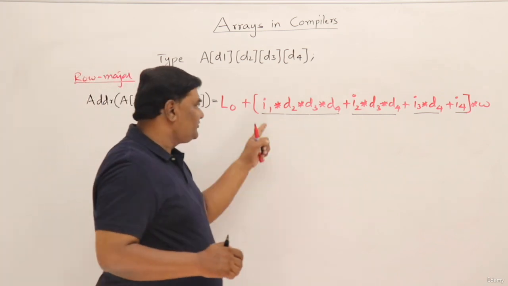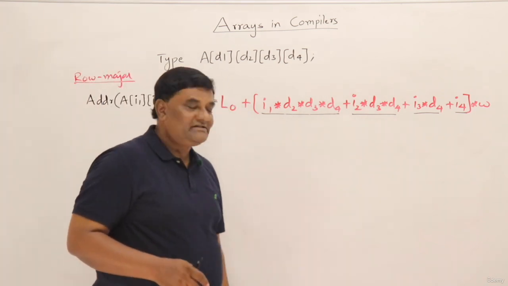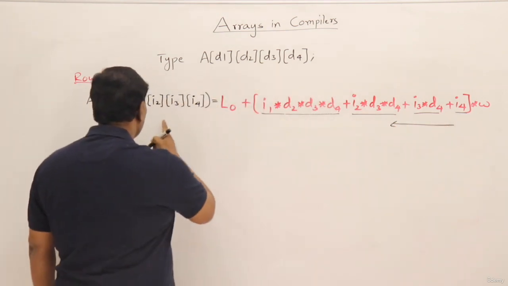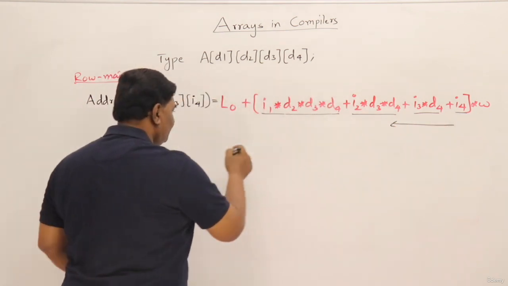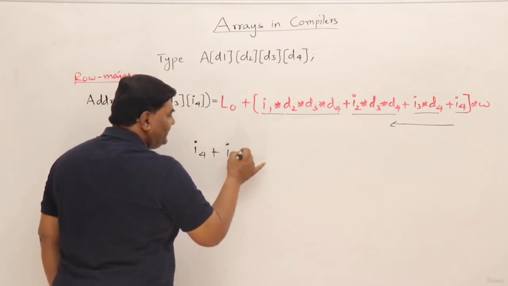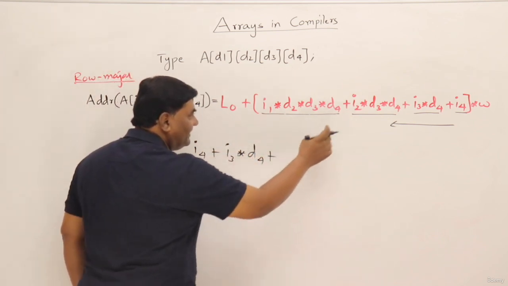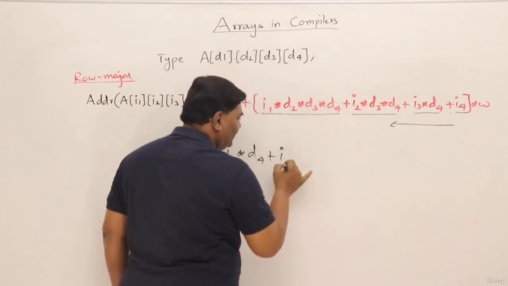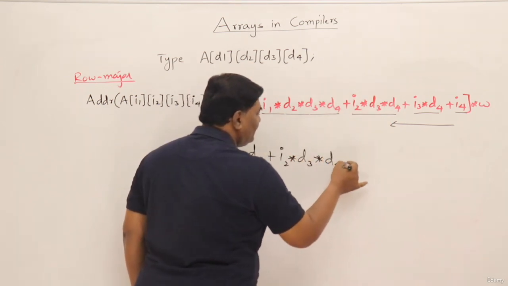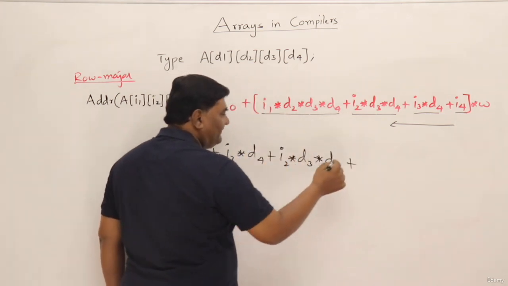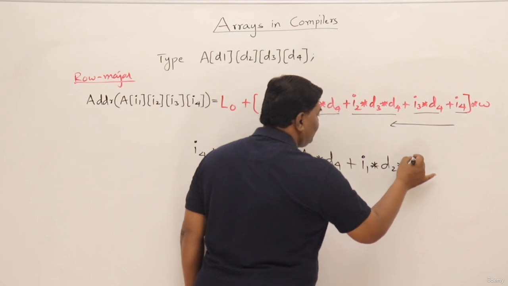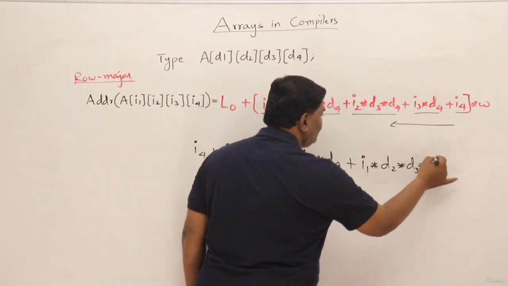I will take only the portion of the formula that is inside the brackets and I will write the formula from right towards left. This is the row major formula; I am just writing it in reverse. So this is I4 plus I3 into D4 plus I2 into D3 into D4 plus I1 into D2 into D3 into D4.